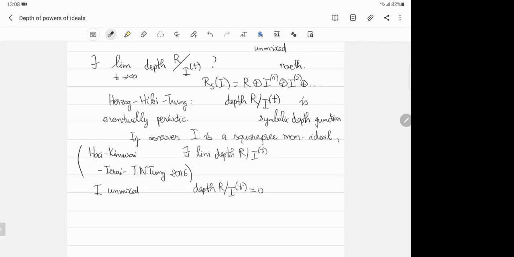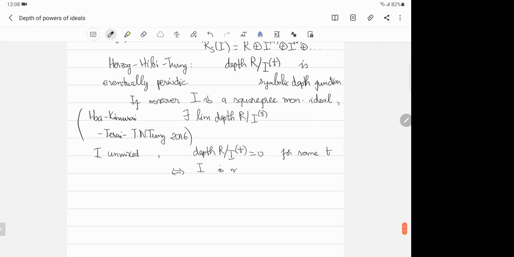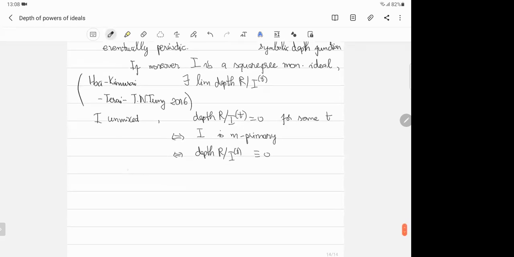This can only happen if I is m-primary, so the dimension of R mod I is already 0, and this is equivalent to the symbolic depth function being identically 0. So the case that we should consider is the symbolic depth function with value at least 1, right? The positive symbolic depth function.